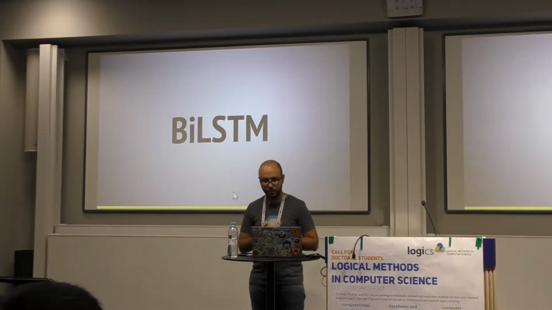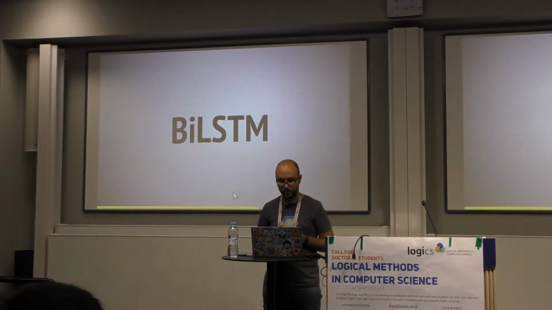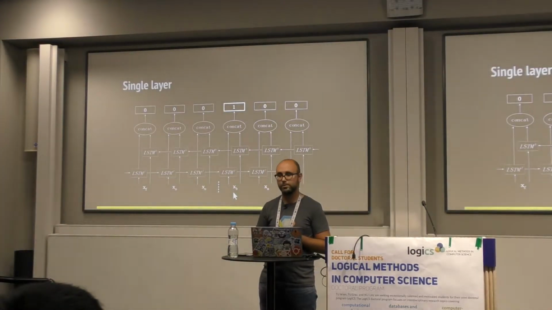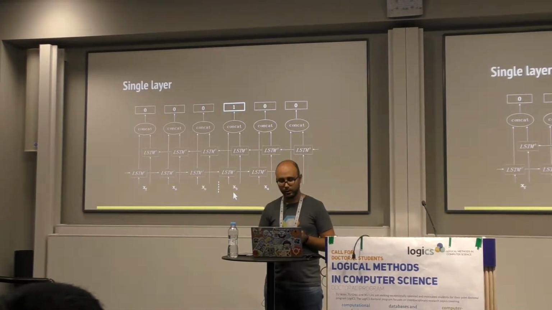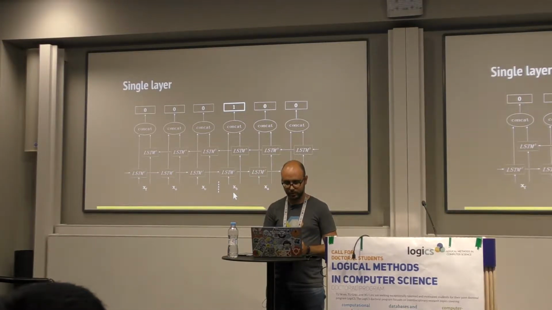All right, so now the model which we think works the best on our dataset is bidirectional LSTM. This is how it works. You have characters of your identifier, so on and so forth. I think it's foo bar here, yes.